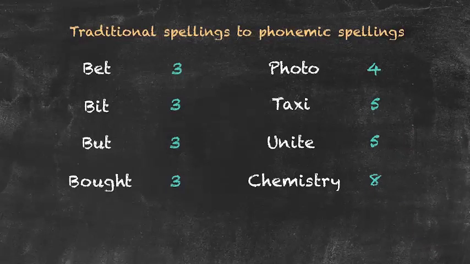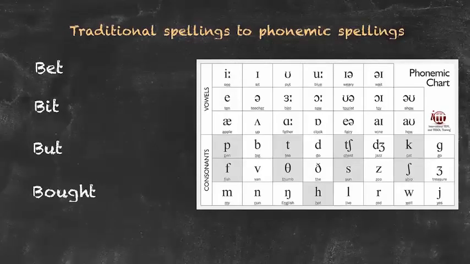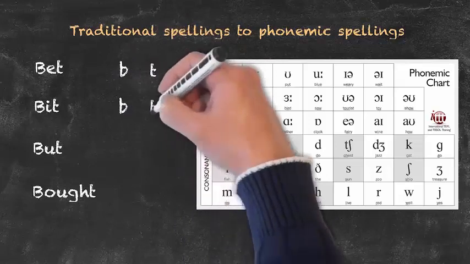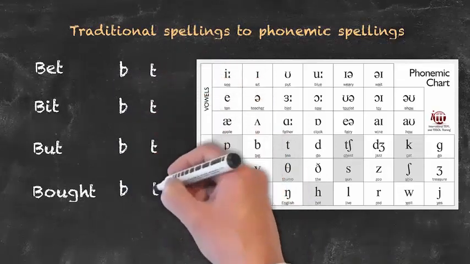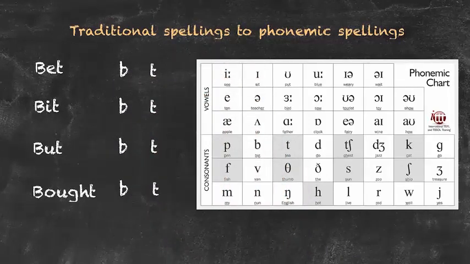Now, once we've isolated each sound, we want to assign a phoneme for each one of those sounds. Let's do that now. As mentioned before, our 4 words here all are similar in using the b and t sounds at the end. So we know that those phonemes will be used in spelling each one of those words phonetically.